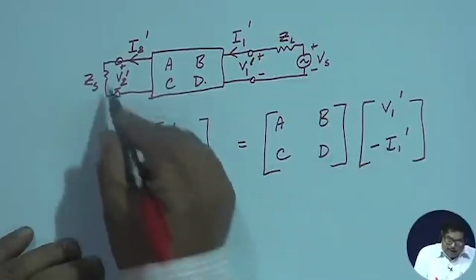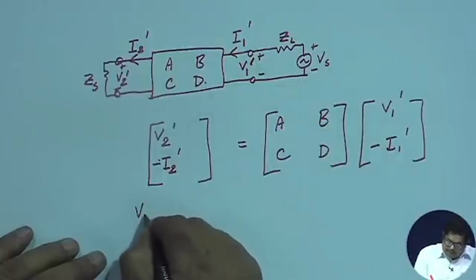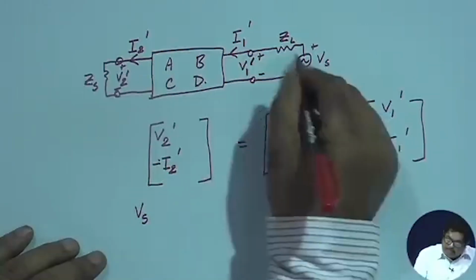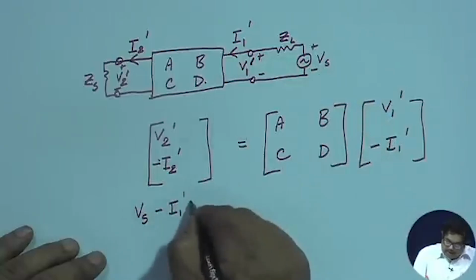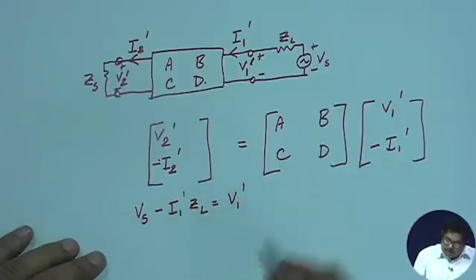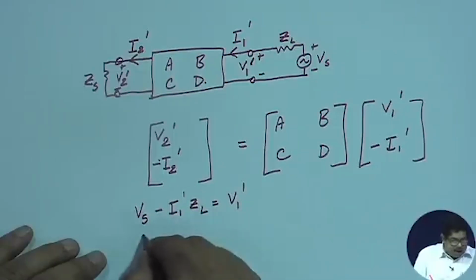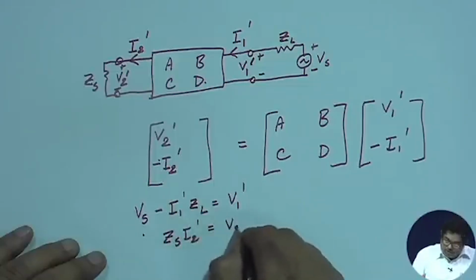Now I can include the excitation part as I have done before. By applying KVL here, Vs minus I1 dashed ZL is equal to V1 dashed, and ZS into I2 dashed is equal to V2 dashed.